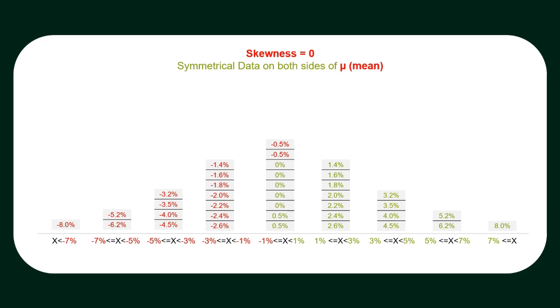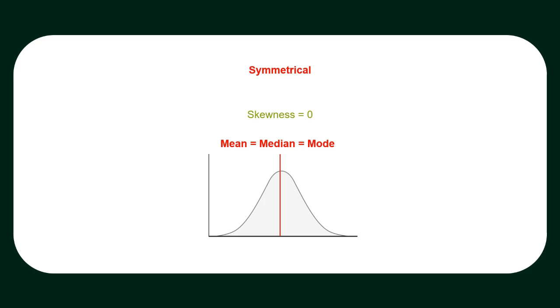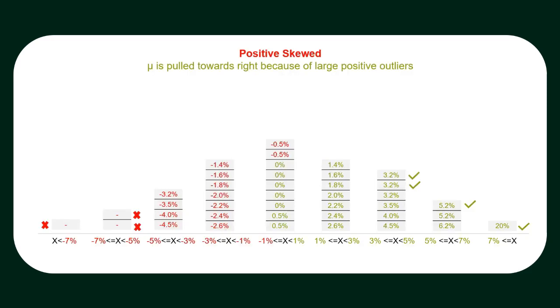Skewness is zero when observations are symmetrical on both sides of the mean, as is the case with our observations. If skewness is zero, mean is equal to median is equal to mode, as is the case with our observations.